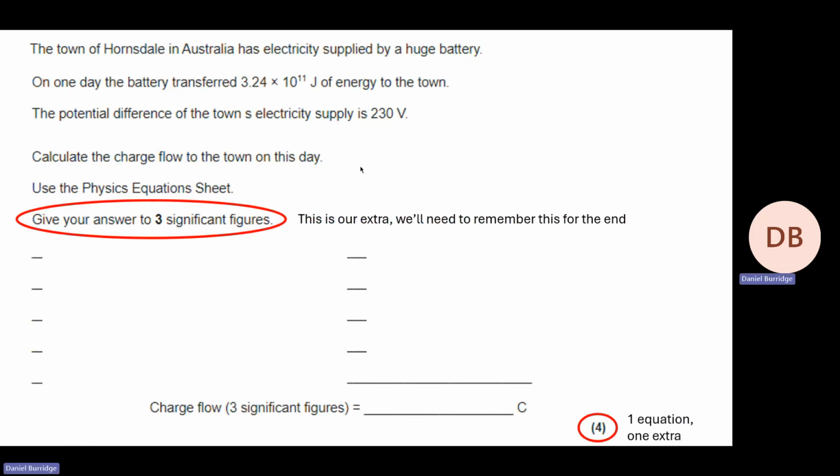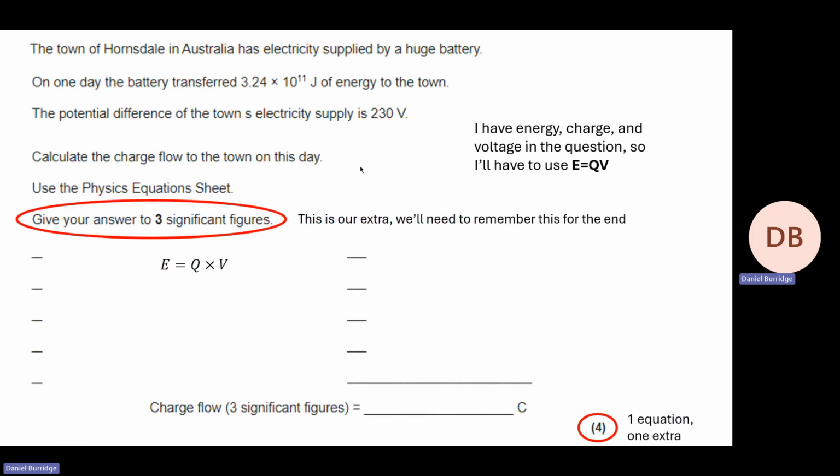So the first thing that I need to do is figure out which equation I need to use, right? I'm given energy, I'm given potential difference, or voltage, the other word for that, remember, and I'm asked to calculate charge. There is only one equation with those 3 things in. It's energy is charge multiplied by potential difference or voltage. So I'm going to write that down.